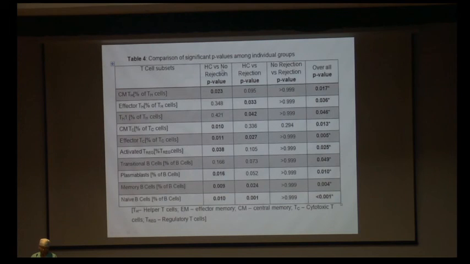But there was a significant difference between healthy control versus no rejection in central memory TH cells, central memory cytotoxic T cells, effector cytotoxic T cells, and activated regulatory T cells, plasmablasts and memory B cells. And again there was some difference between healthy control versus rejection. The final conclusion was that because the numbers are less, we can't make a concrete conclusion on this, but still this is a way forward and this is how the thing should go on.